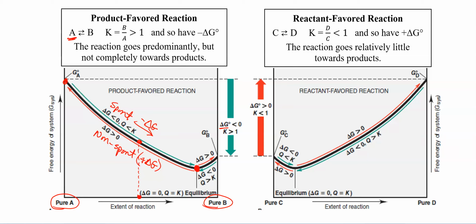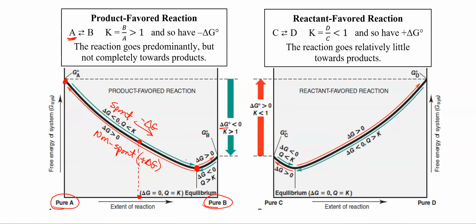So obviously in this case, we have a negative delta G naught because at standard conditions, we're going to be spontaneous in that forward direction. At this point, your delta G, which is also your delta G naught because you're at standard conditions, is spontaneous in the forward direction.